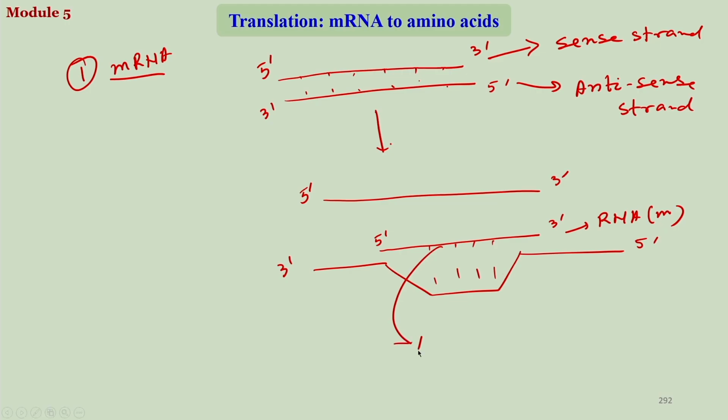and then this mRNA comes out of the nucleus, 5 prime to 3 prime, and it is an RNA now with all the RNA nucleobases. Once it comes out of the nucleus, this is the nascent mRNA that was synthesized. Nascent means it contains all the code, a full copy of the sense strand.